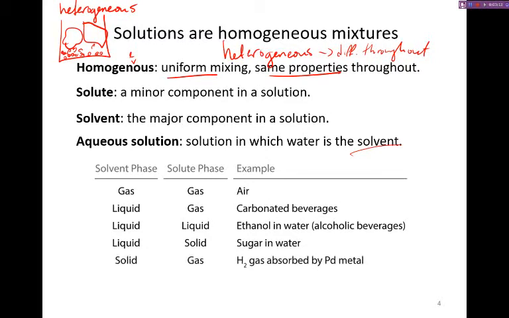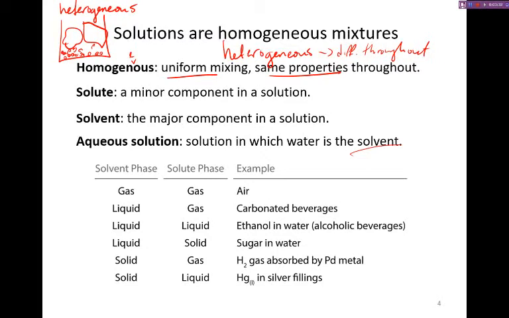And then we can get to some ones that are maybe a little bit less familiar. A solid solvent with a gas solute, that might be hydrogen gas absorbed by palladium metal, and that occurs in various types of fuel components. If you put liquid into solid, that's what happens in your mercury that gets put into silver fillings.